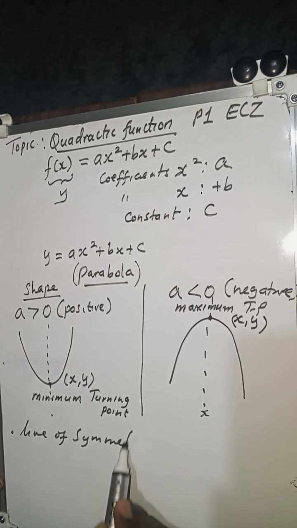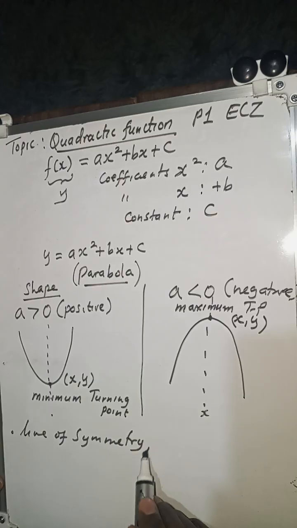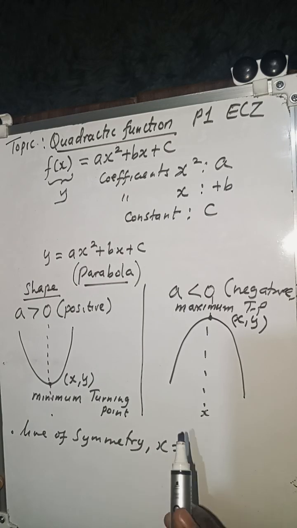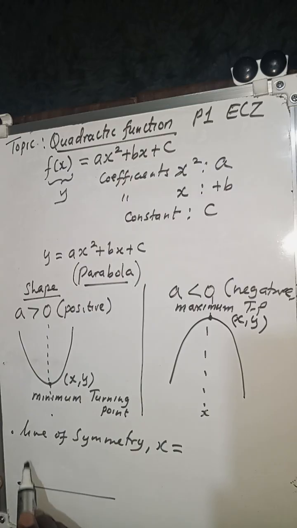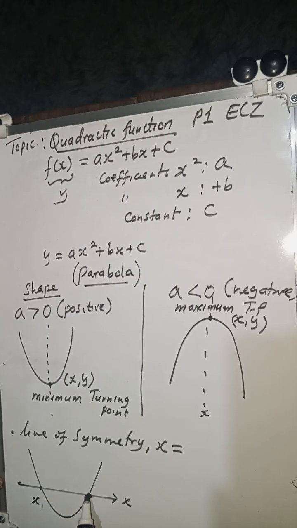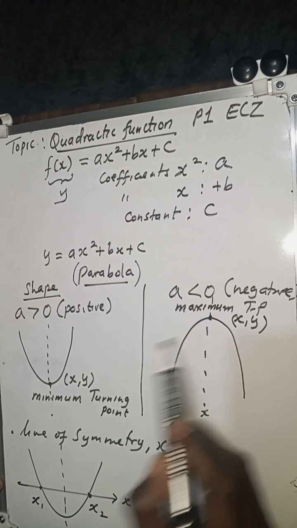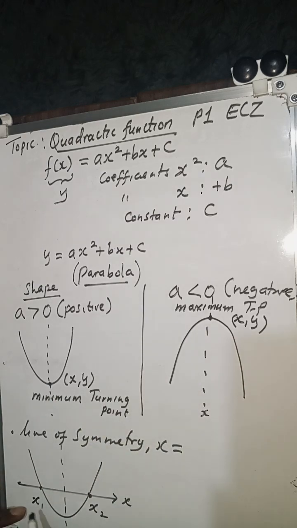Let me just give you some ideas. To get the line of symmetry, in this case the value of x, if you know where the curve cuts the x-axis, for example at point x1 and at point x2, and you want the line of symmetry, which is the value of x at that turning point, whether minimum or maximum, you just add the two values, x1 plus x2, and divide by 2.